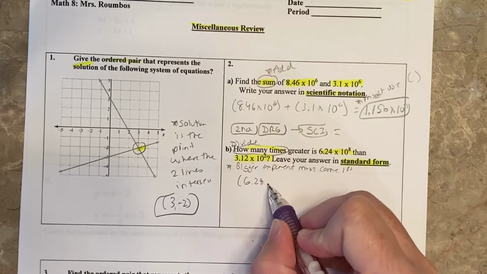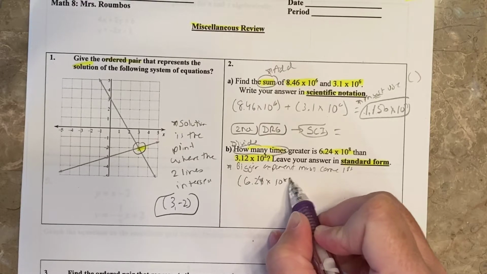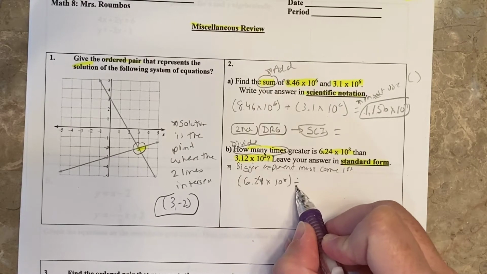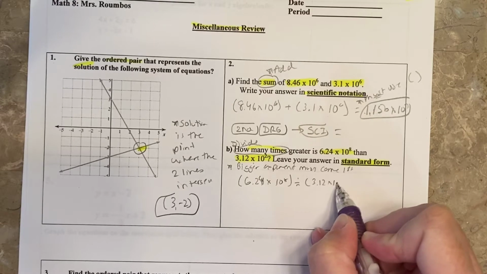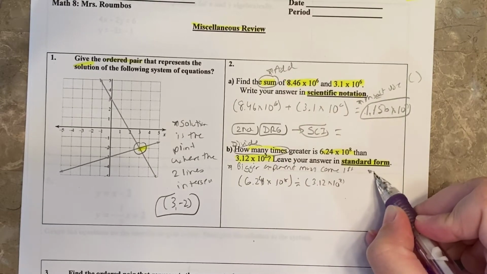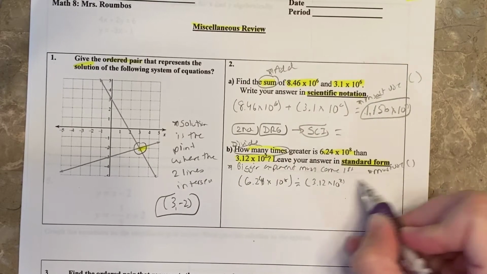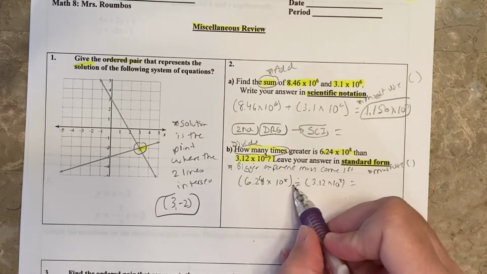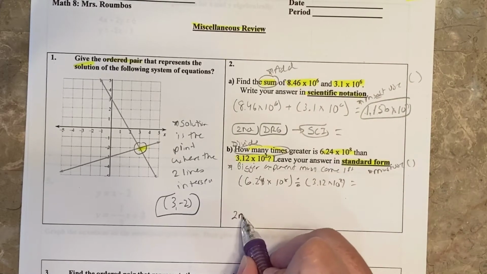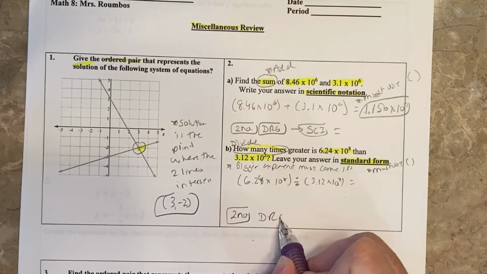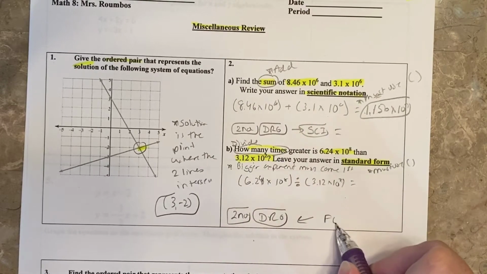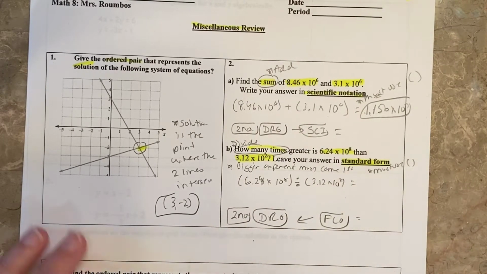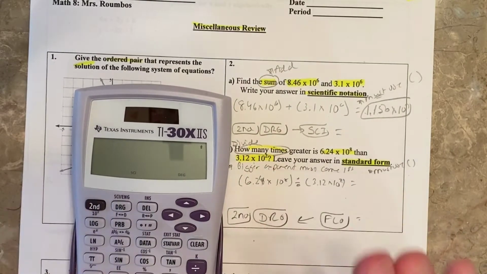And again, you want to make sure that you use the parentheses. So 6.24 times 10 to the 8th divided by 3.12 times 10 to the 2nd. And again, I'm going to write must use parentheses. And this time we are in standard form. So you're going to go back to that second DRG, but now we're going to move back to float, and then we're going to press equals. Okay, so most important, parentheses.